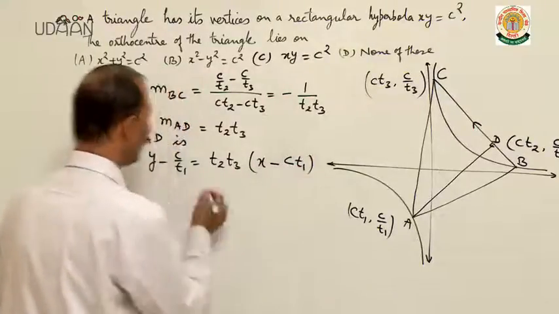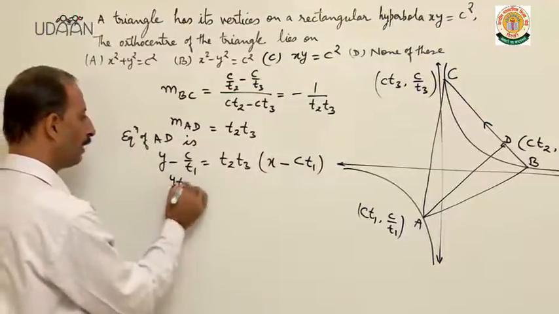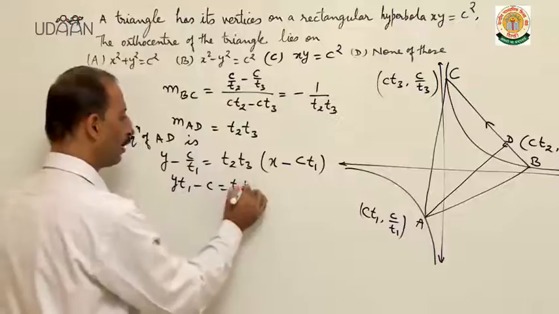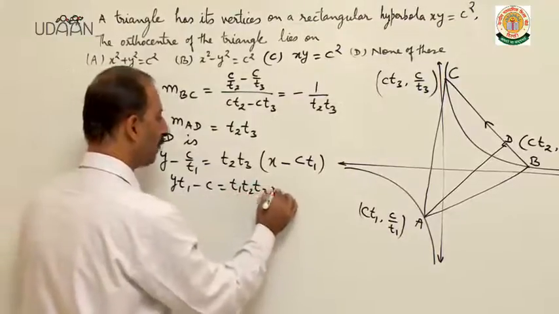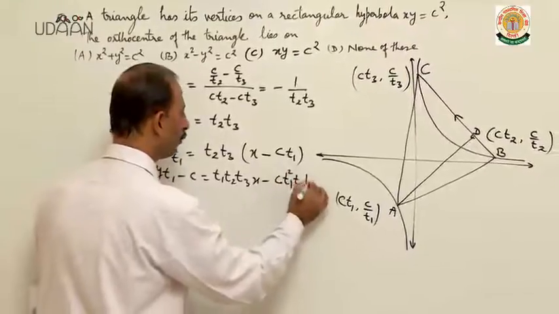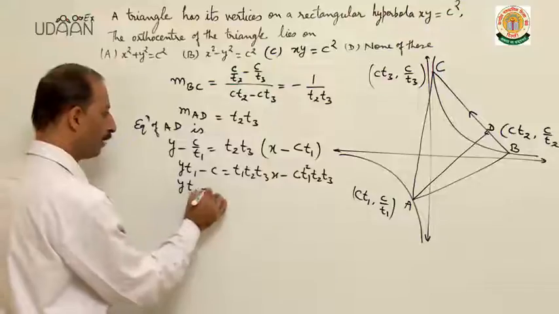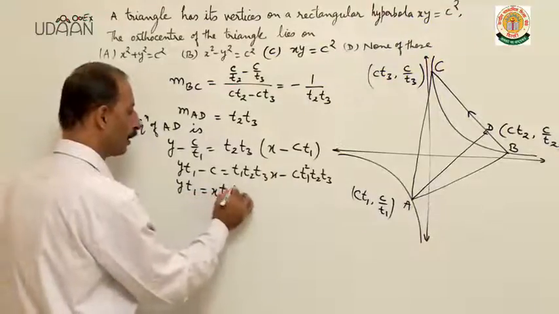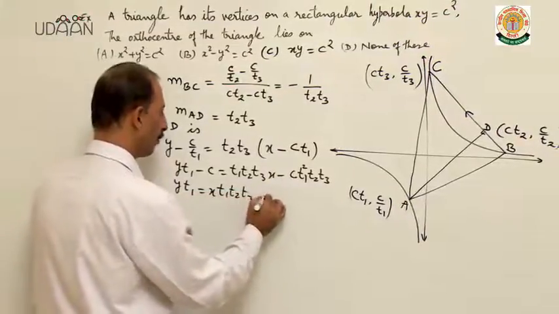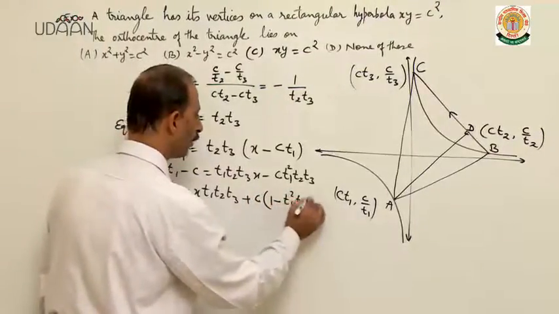Simplify this, multiply the whole equation by t1. So y t1 minus c is equal to t1 t2 t3 times x minus c t1 square t2 t3. You can say y t1 is equal to x times t1 t2 t3 plus c times 1 minus t1 square t2 t3.